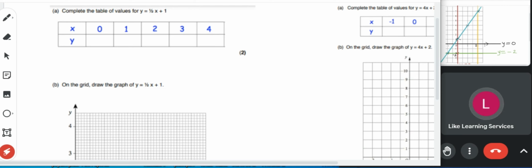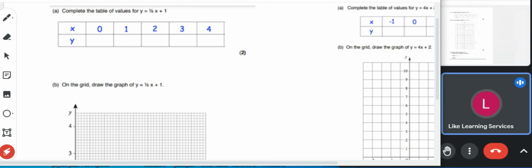Next page, page 13 or 14. Go ahead, complete the table of values.